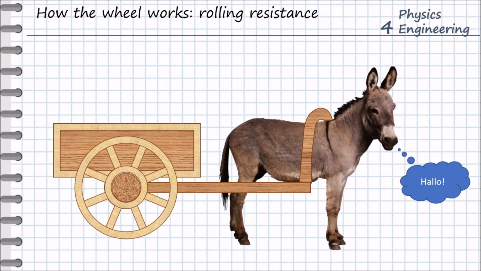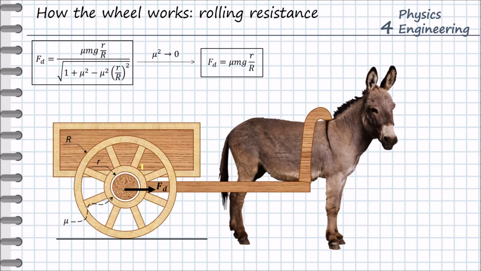If we have a wheel mounted on the axle, and this wheel has the following geometrical parameters, an outer radius R and an inner radius r, and we have a friction coefficient mu between the shaft and the wheel, then the force required to move the wagon is defined by this equation.